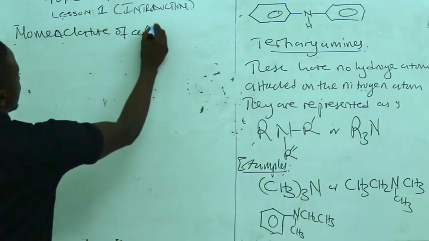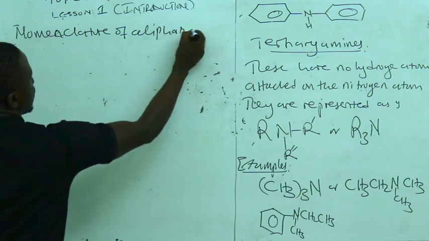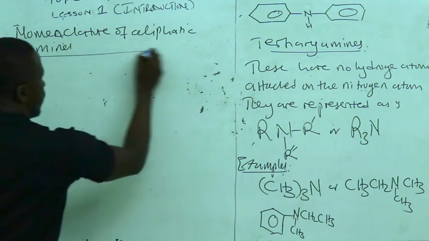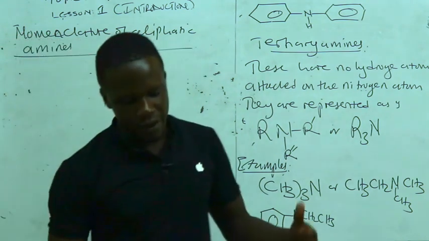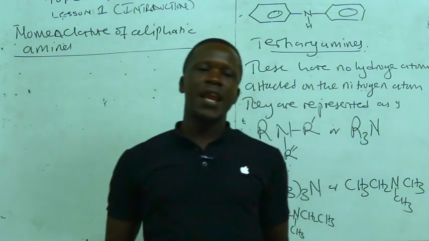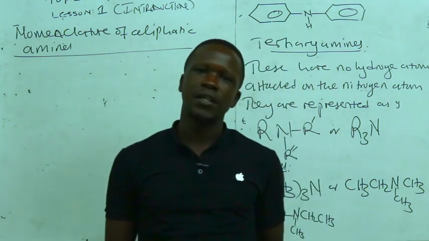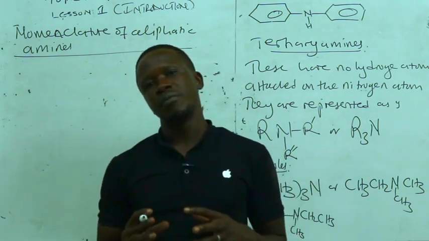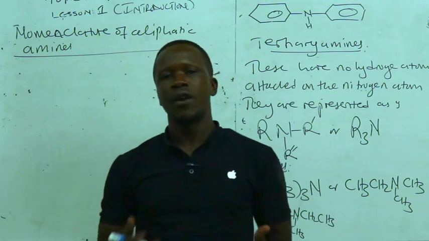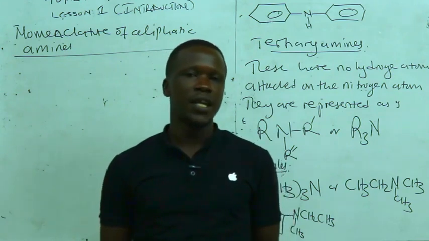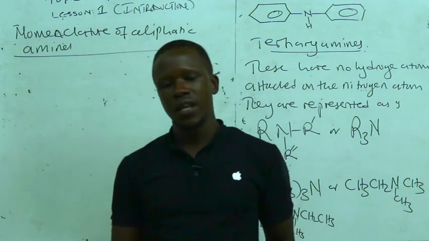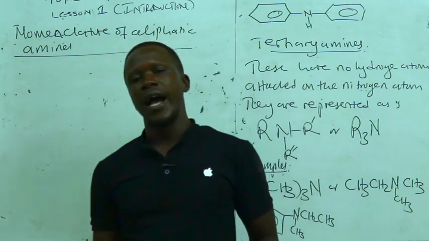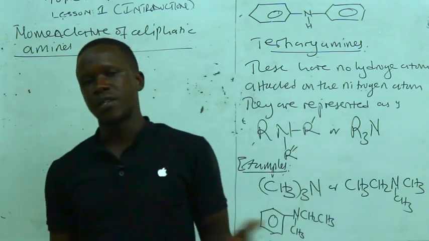Aliphatic amines are named by looking at the alkyl groups attached to the nitrogen atom, and if it is more than one, we simply arrange their names alphabetically, and if it's just one, then we simply write the name of the alkyl group and end with the word amine. That's the simplest way of naming them.